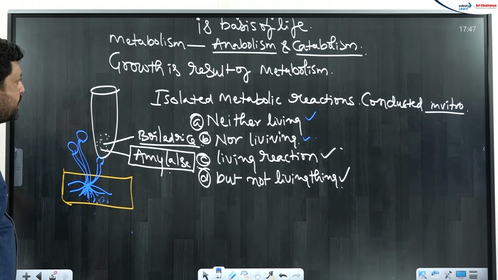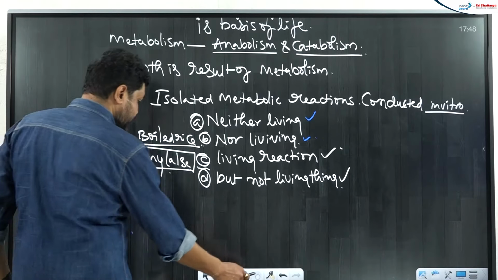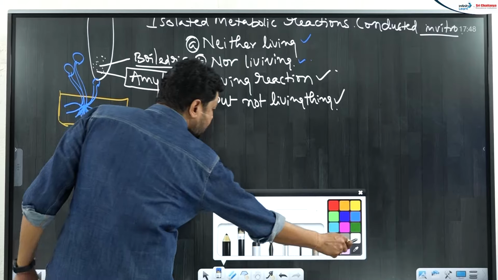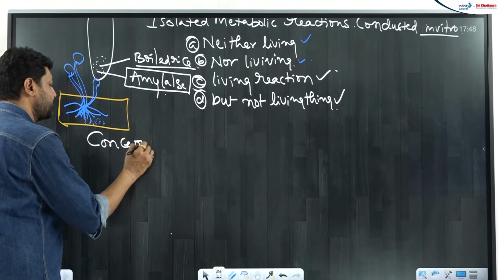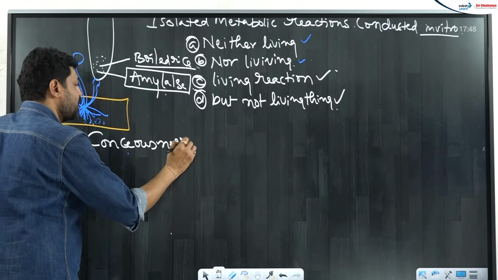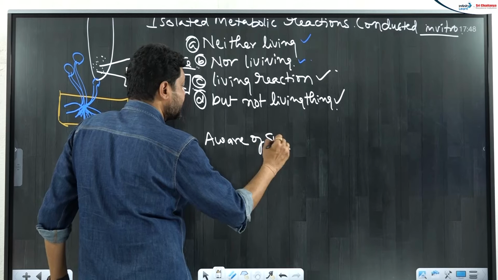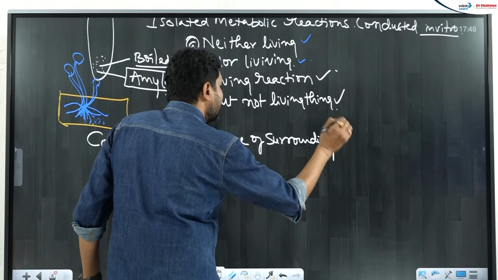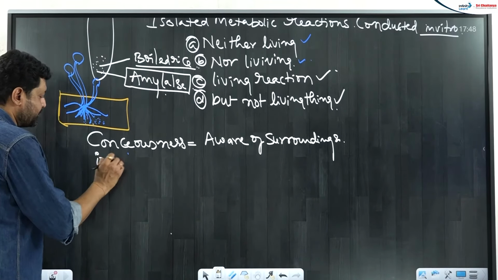Some important lines regarding metabolism. So metabolism is no doubt a defining feature of the living organism. Now I'll come to consciousness. Consciousness is equal to being aware of surroundings, and irritability.